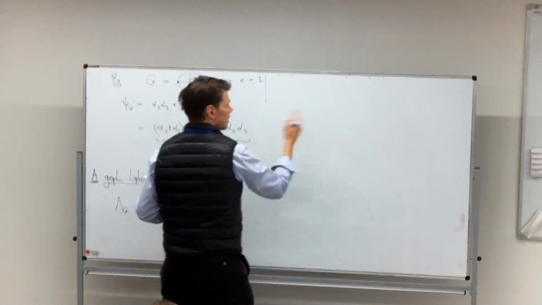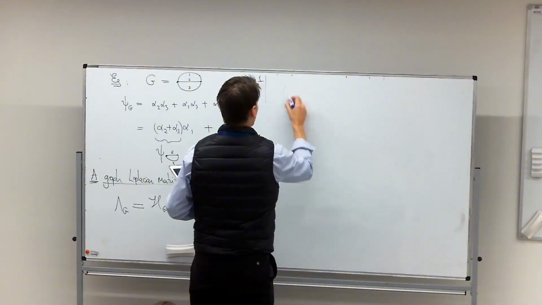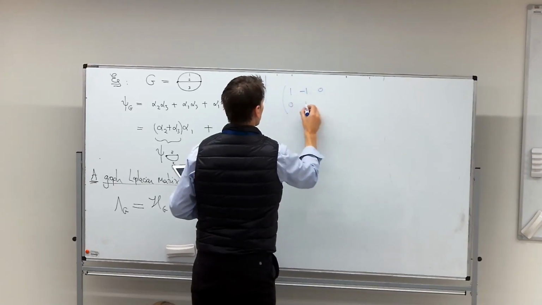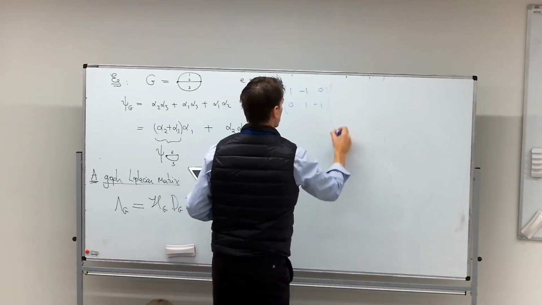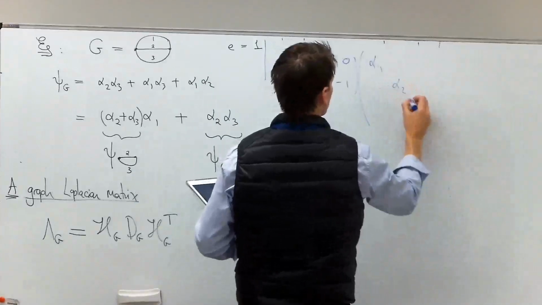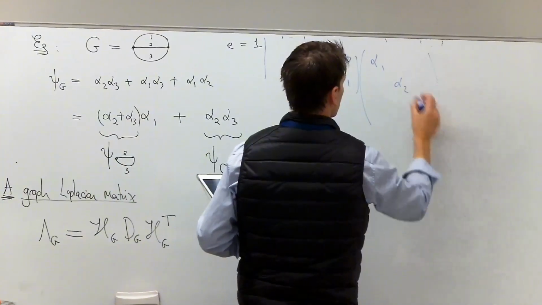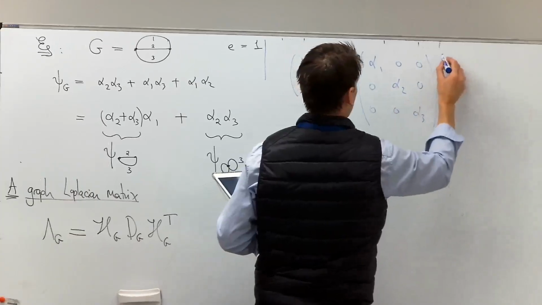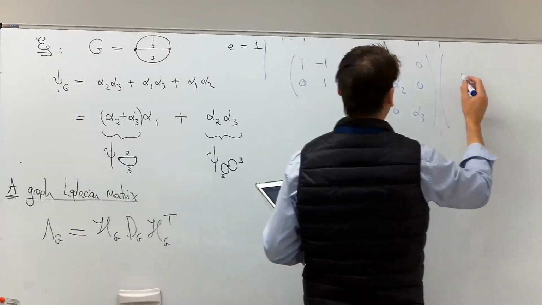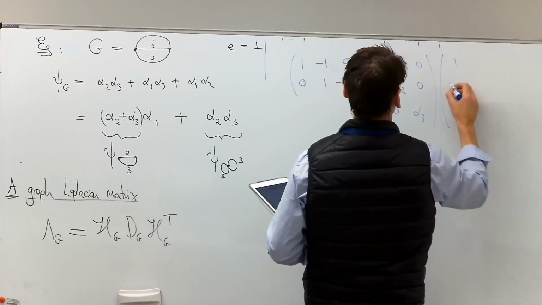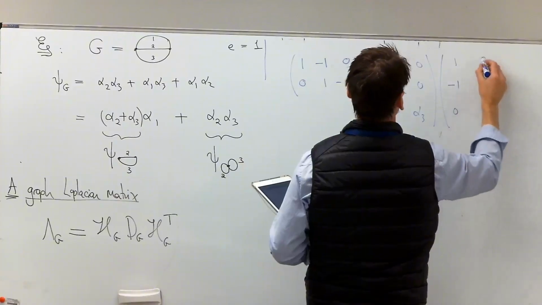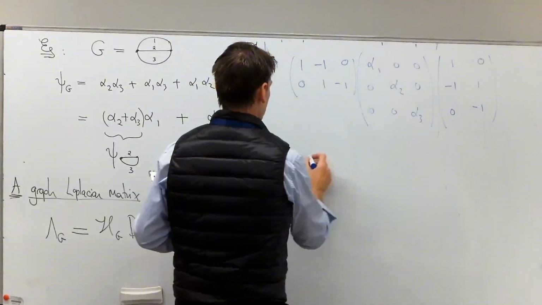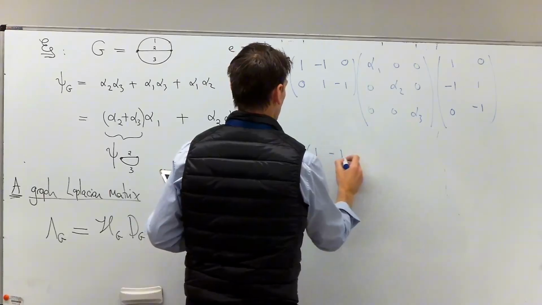So in this example, let's do it. So it's 1, minus 1, 0, 0, 1, minus 1, times alpha 1, alpha 2, alpha 3, with zeros elsewhere, and then 1, minus 1, 0 transposed.